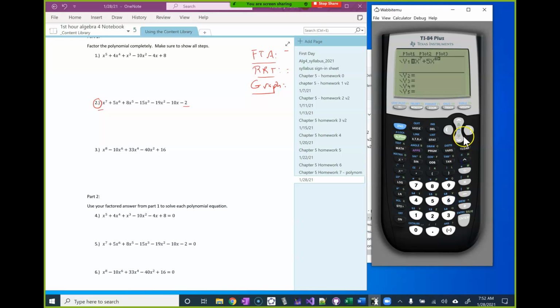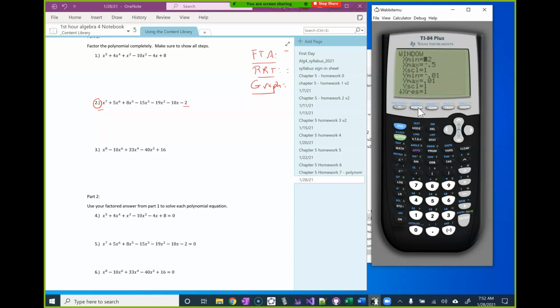So the hope here is, after I look at the graph, I almost know exactly what the factored form would look like. But sometimes there's a little bit of ambiguity that we'll have to find while we do the synthetic divisions. But the hope is that I'm just about sure how the synthetic division should play out after I've looked at this.